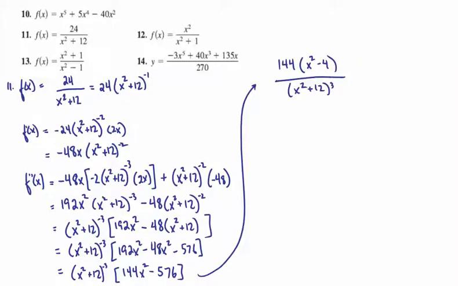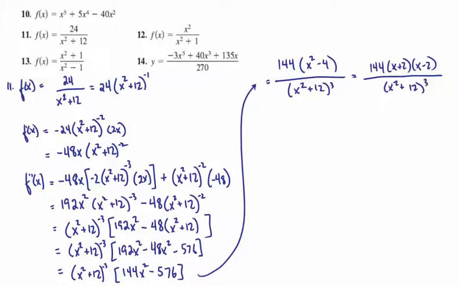And this is our second derivative. One more time we'll factor: 144, x plus 2, x minus 2, all over x squared plus 12 to the 3rd power.